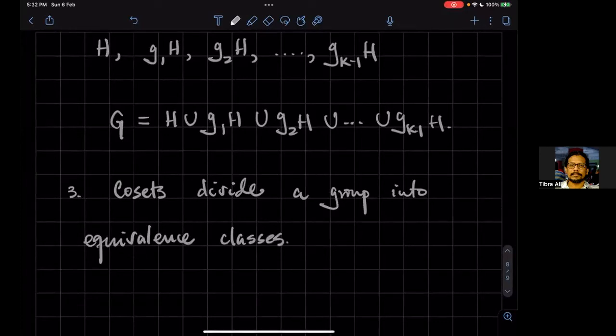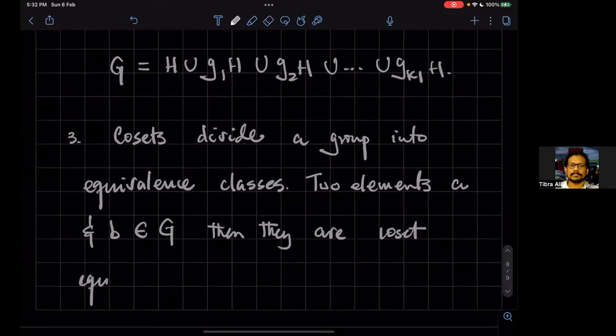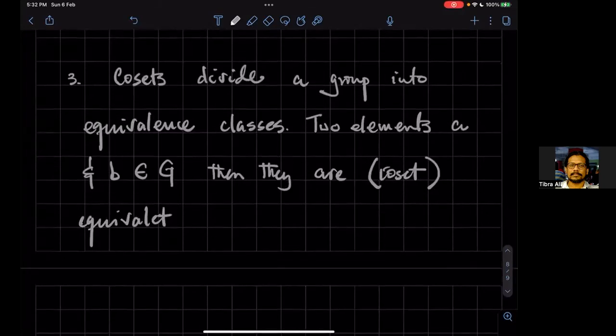So what does it mean? That means that if we have two elements, say A and B, which are both in G, then they are, I would say, coset equivalent. From the context, we know that we are thinking about the coset; there are other equivalence classes, which we will talk about.